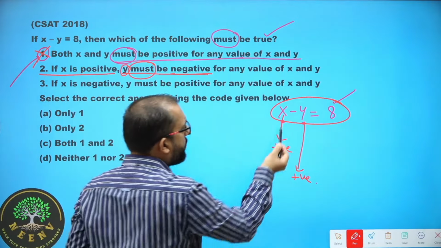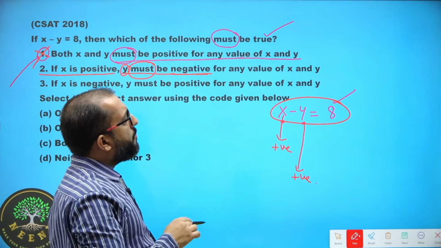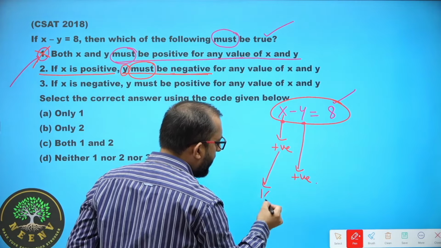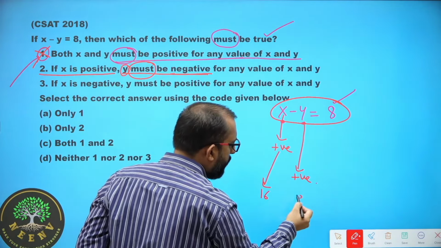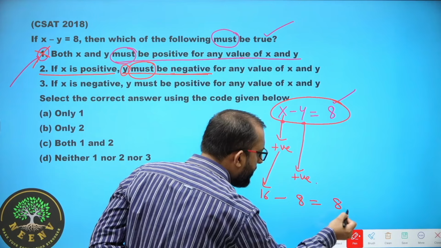So see, x is positive, then y must be negative for any value of x and y. So x is positive, so let's say x is 16, and y is positive also, so let's say y is 8. So 16 minus 8 is giving me 8.